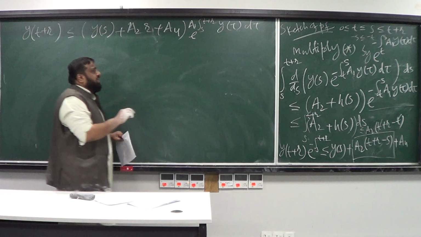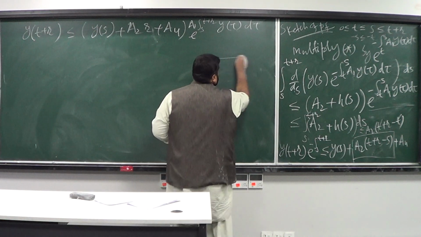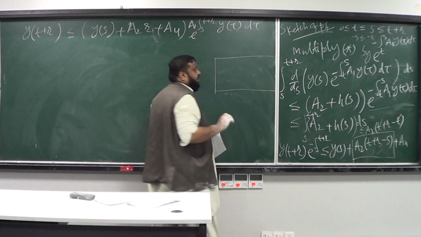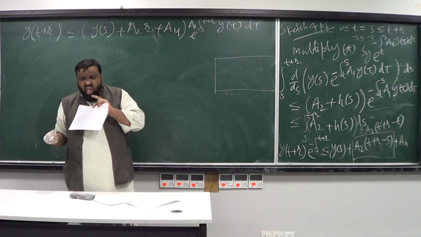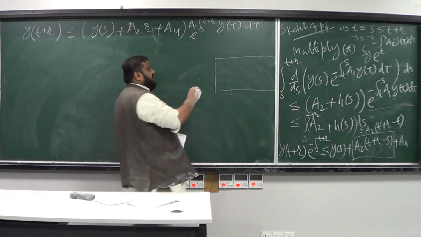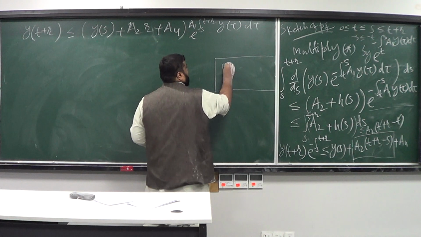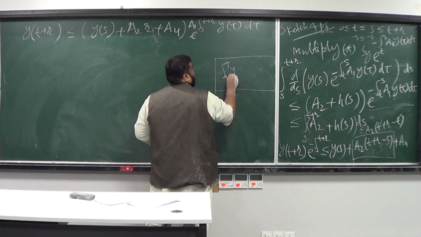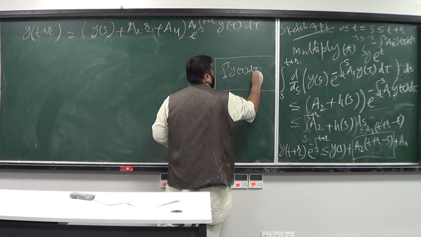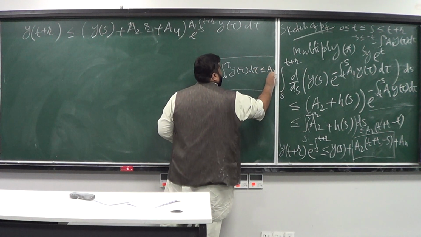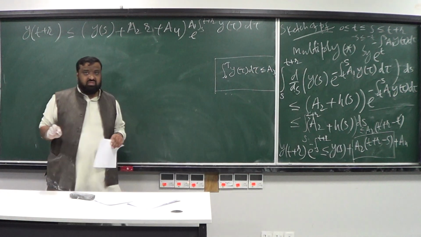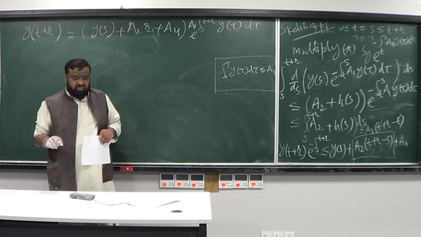Now if you remember the condition from double star that we wrote in our assumptions, there was a condition that if you integrate from 0 to t y of tau d tau, I can estimate this by a3. So this is always less than or equal to a3.